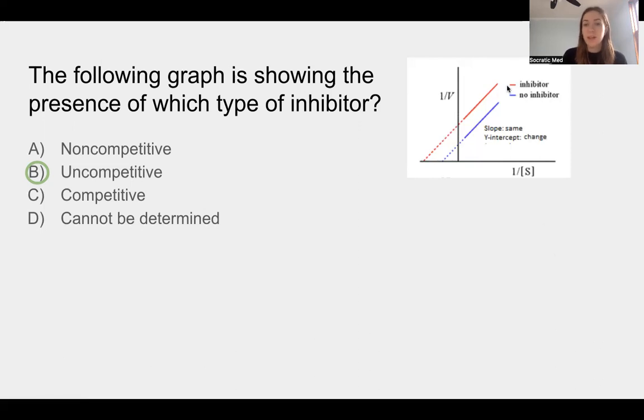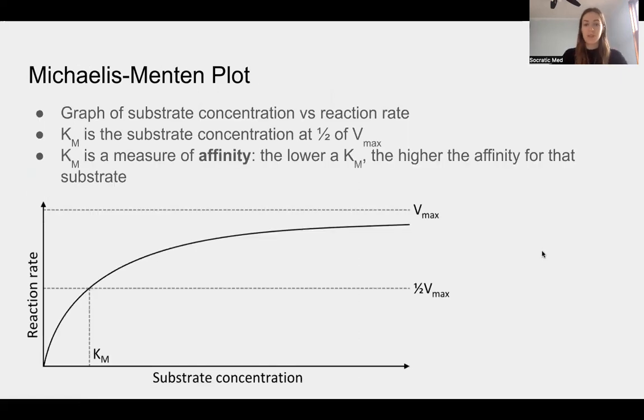But we're going to look at Michaelis-Menten plots and Lineweaver-Burk plots and what inhibitors look like on those different kinds of graphs. The Michaelis-Menten plot is pretty straightforward. It's just your substrate concentration graphed against your reaction rate.